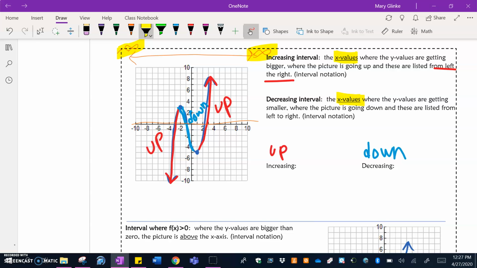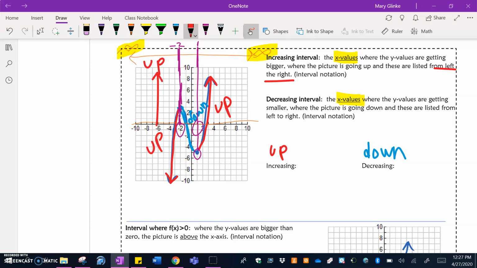Now we are going to figure out where we turned here, and we're going to chop up our number line with these x values. This x value here was when x was negative 2. This x value here was when x was 1. And now I'm going to pull my labels up here.